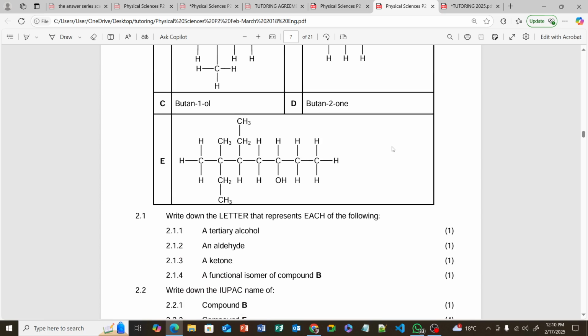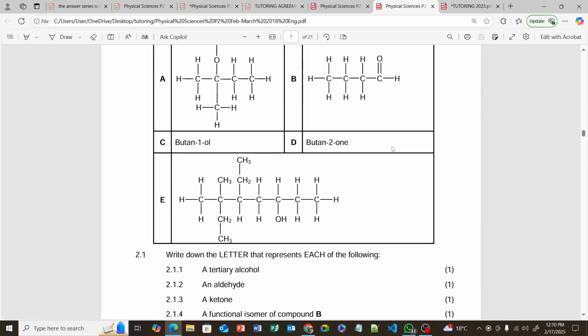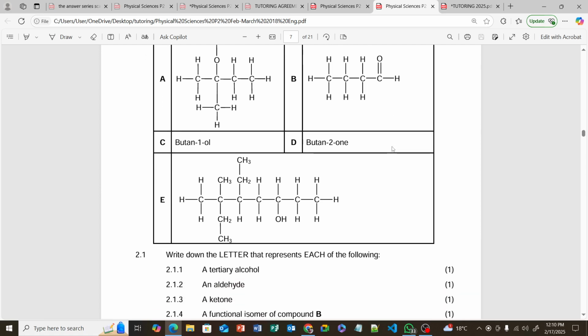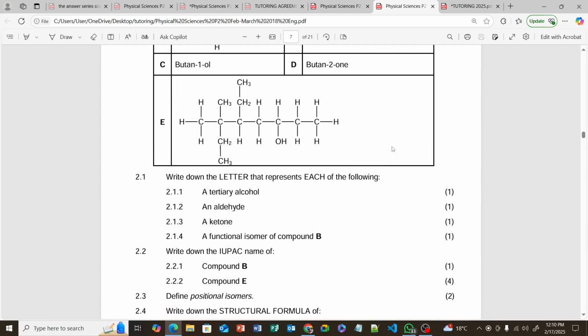Now question 2.1, write down the letter that represents each of the following: a tertiary alcohol. When we talk about a tertiary alcohol, we talk about an alcohol where the carbon connected to the functional group must be connected to 3 other carbons.